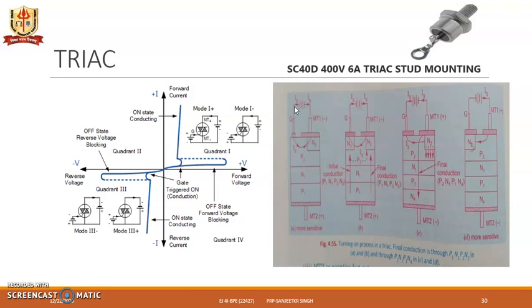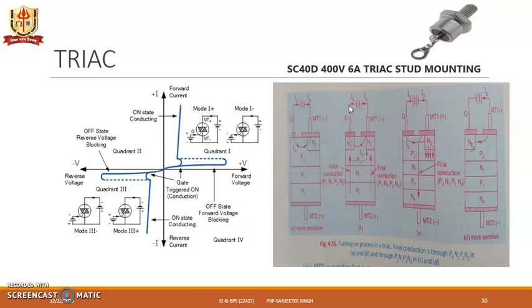Similarly, when the gate current is made reverse, then the current at the gate and MT1 terminal we find is flowing from N2 to N3 layer, and the initial current will be flowing from MT2, P1, N1, P2 and N3 here, and after some time it shifts to the right hand side, that is from P1, N1, P2, N2.